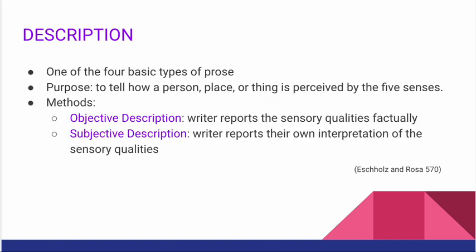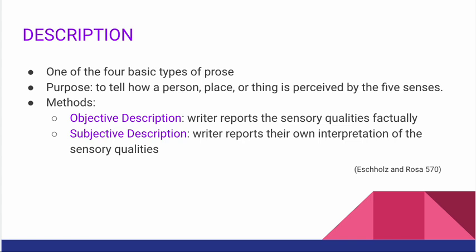The descriptive mode of writing is used when the author wants to create a dominant image of a person, place, or thing by using sensory details to help readers perceive it using the 5 senses in their mind's eye. The description may be either objective or subjective. Objective is used when the writer wants to simply report, as a scientist would, his or her factual observations of the sensory qualities of the entity in a way that allows the reader to get a clear and factual impression of it.